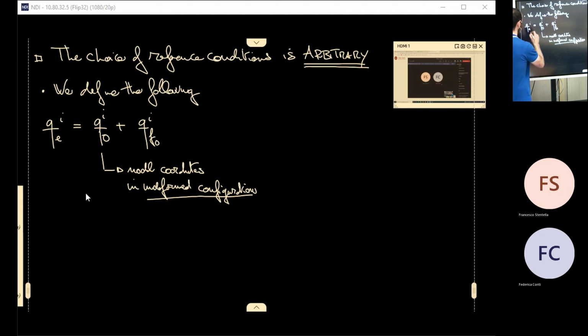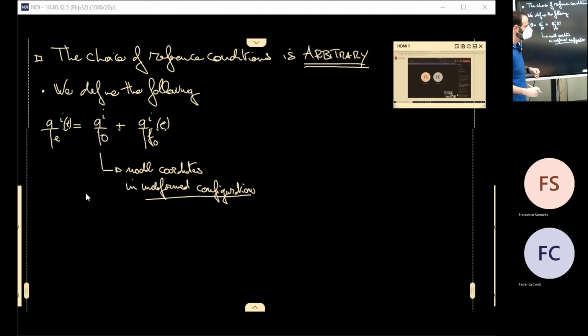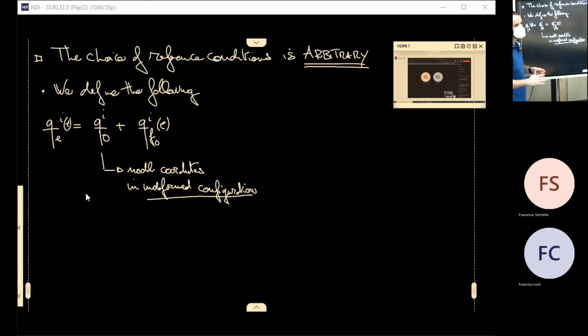Okay? So again, this is a function of time. This is not a function of time. This is a function of time. So these Q_0^i are not related in any way to rigid motion. Okay? It's just the initial position or coordinate of a point, of a node, with respect to the body frame before deformation occurs.